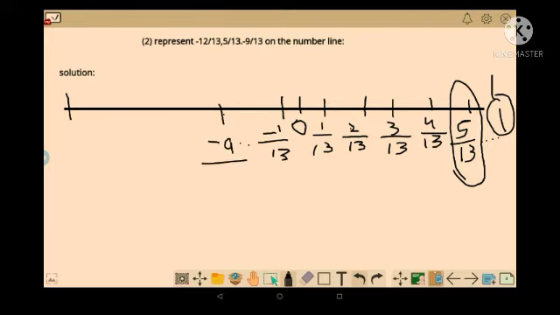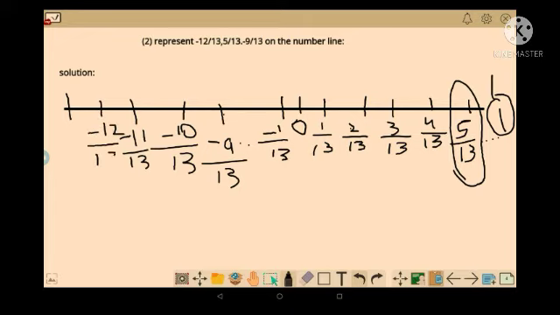We cannot cross any of the lines, because if we have denominator 13, how can we divide any number, right? If we have 13 by 13, we can divide it clearly. So minus 10 by 13, minus 11 by 13, minus 12 by 13 and minus 13 by 13, which is minus 1 here.